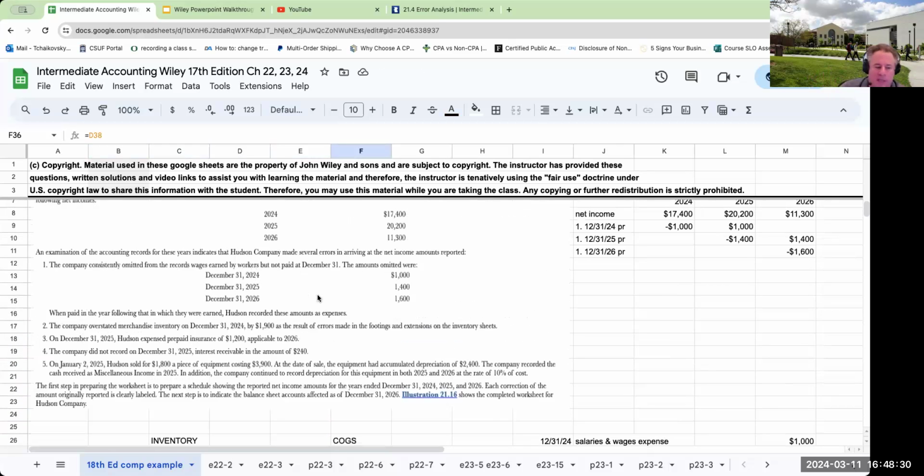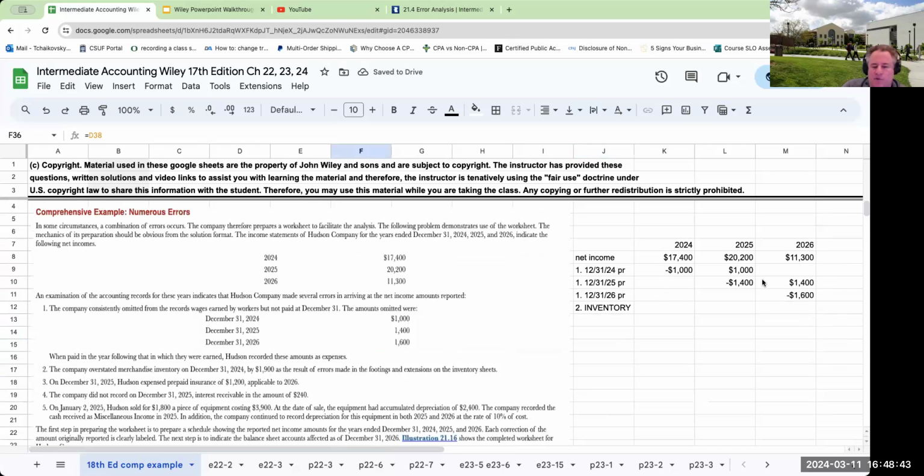So coming over here on 12/31/24, the inventory issue: my cost of goods sold is going to go up by 1,900. So this is going to decrease my net income by 1,900.